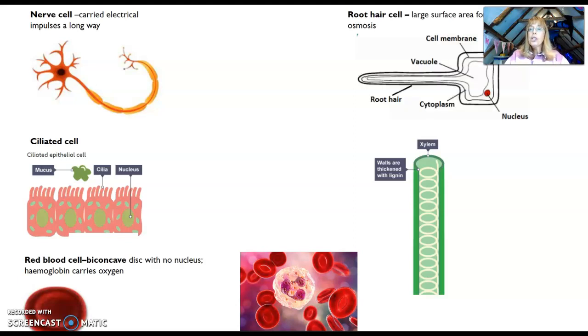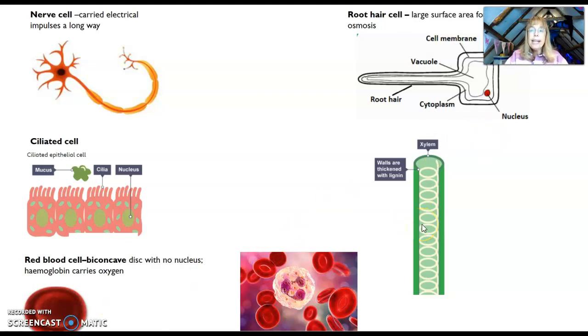We've also got a root hair cell. Now these are microscopic cells on the outer side of a root, and that extension helps to increase the surface area for water to move into the cell by osmosis. You might have also noticed the xylem.